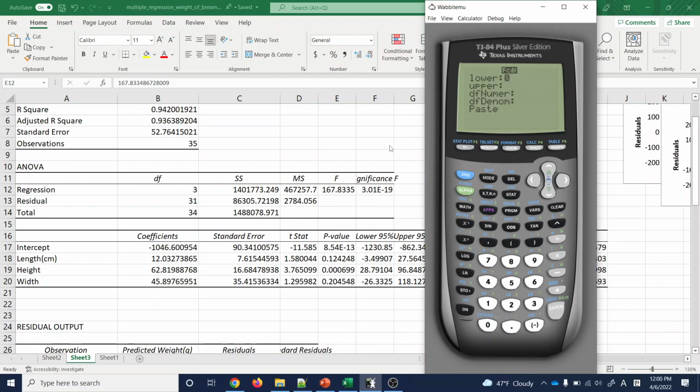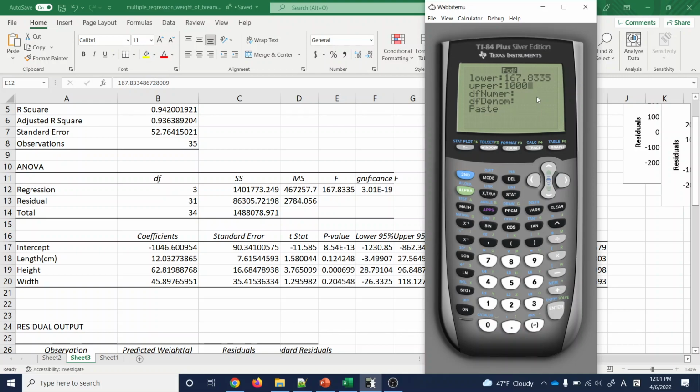So you want to put in 167.8335 for your lower, whatever value you get here, you put it here. And from here, you have to go to infinity, but infinity does not exist in a calculator, so you have to just put some huge number. What number should I put in? Million. Okay, I like million.